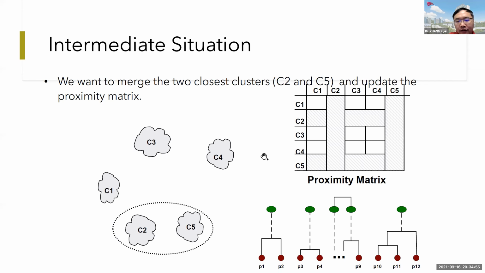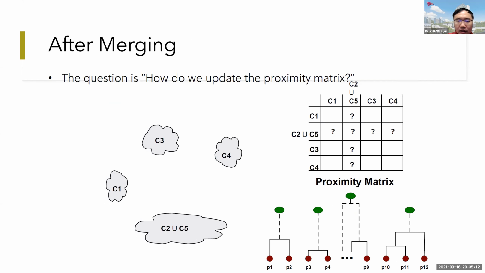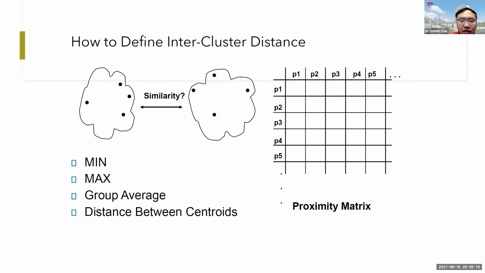If we have a proximity matrix computed, then the merge happens on the 2 closest clusters. So we merge the 2 closest clusters based on the proximity measure and update the proximity matrix. But the question is, how do we update the proximity matrix? This refers to the different choices of intercluster distance.